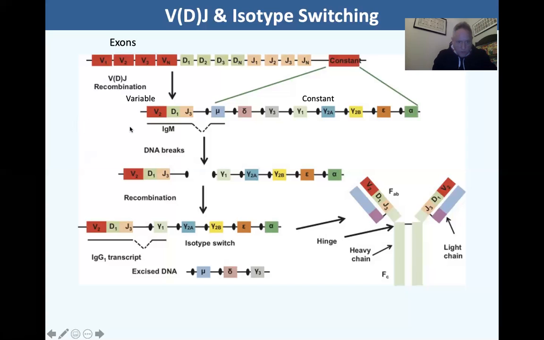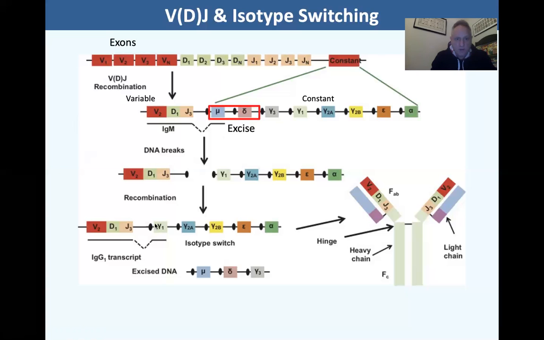And so the first one, here's the variable region here. The first constant region that gets expressed is the mu, which is the M for IgM. And so you make an IgM molecule initially, as I mentioned. But then what can happen in response to cytokine signaling from T cells, et cetera, is that you can initiate a second DNA break program where you actually cut out this region here.